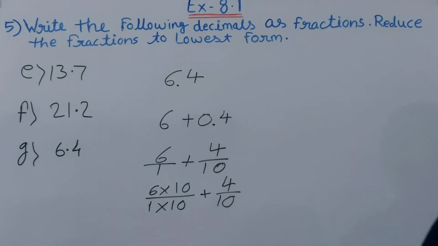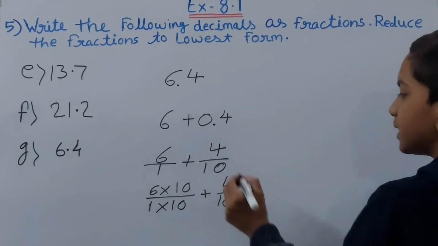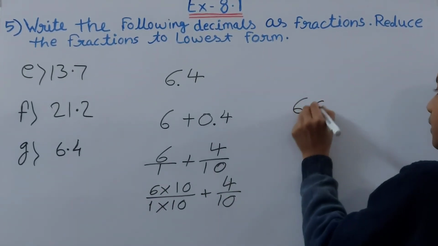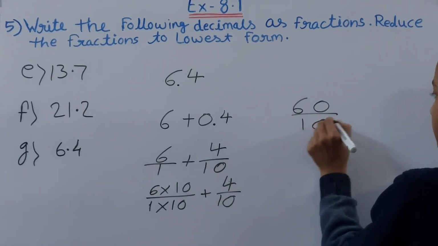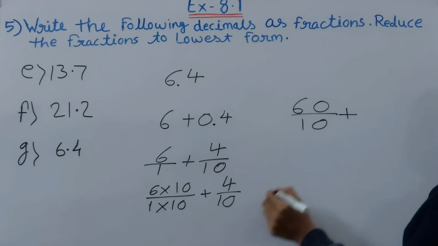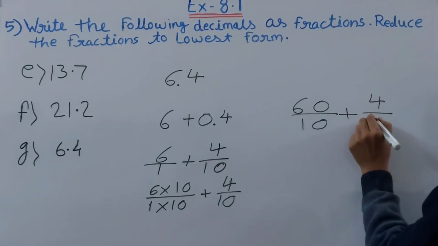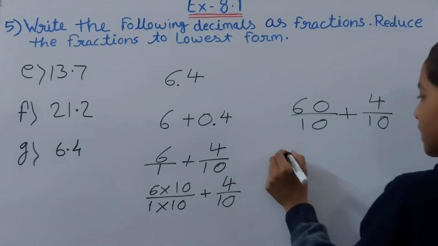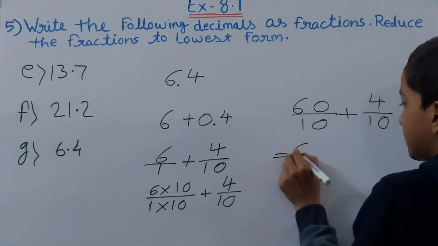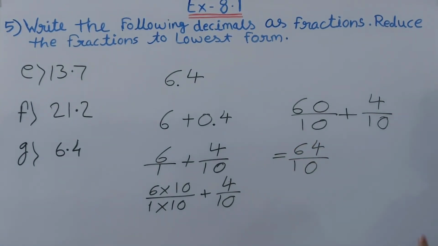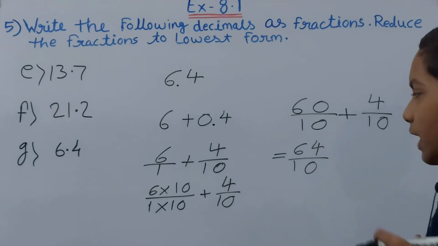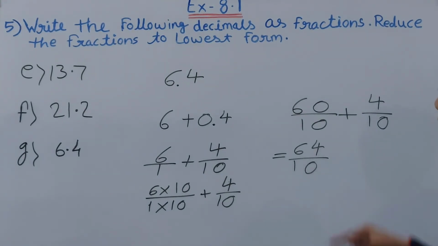Alright, so now when we convert this, this becomes 60 upon 10 plus 4 upon 10. So that gives us 64 upon 10, which is the fraction of 6.4, but we have to simplify this even. So here again we will divide this by 2.